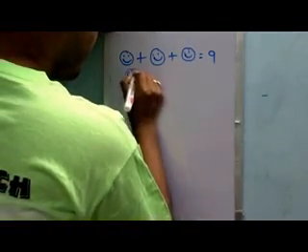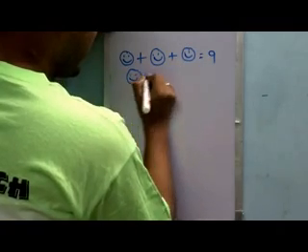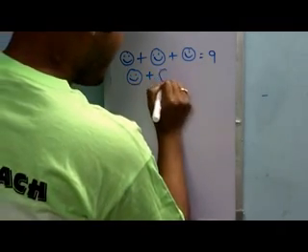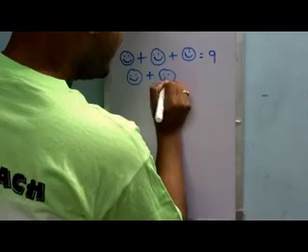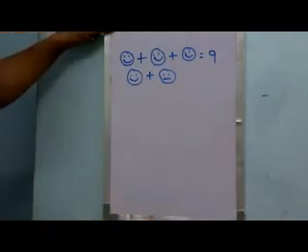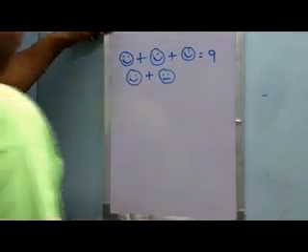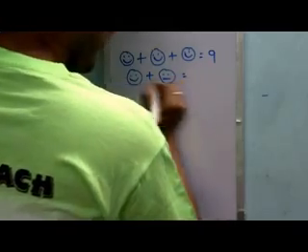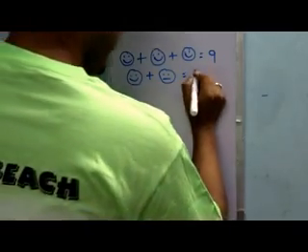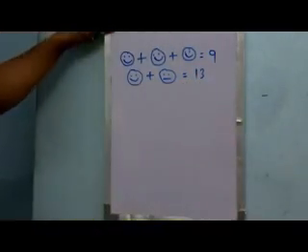Now this one is a smiling face and this one is a normal face, and the addition of these two types of faces gives a value 13.